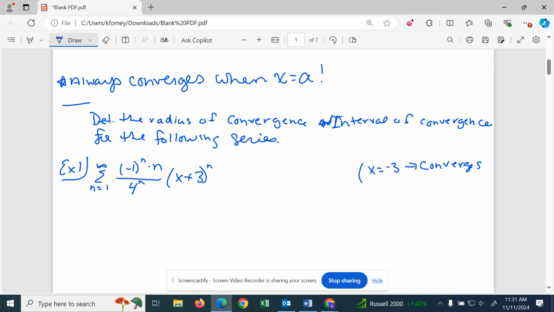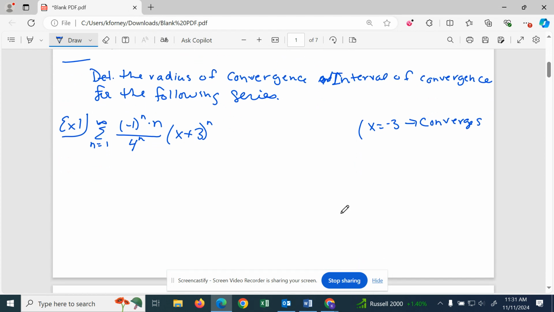Most of the power series that we're looking at are set up for one or the other. So in this case, let's use the ratio test.